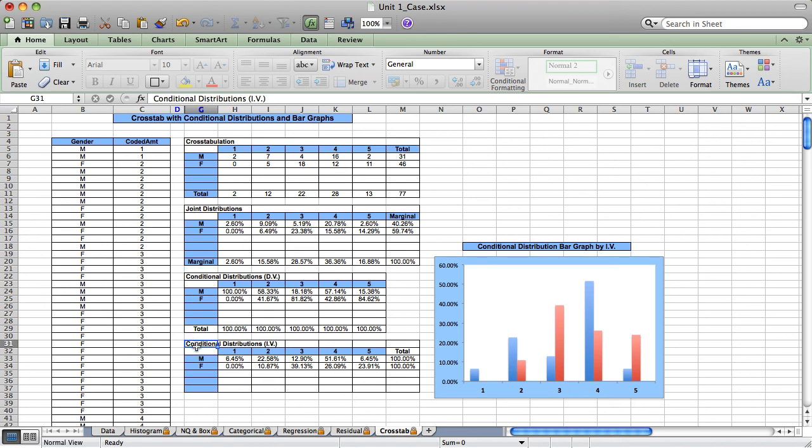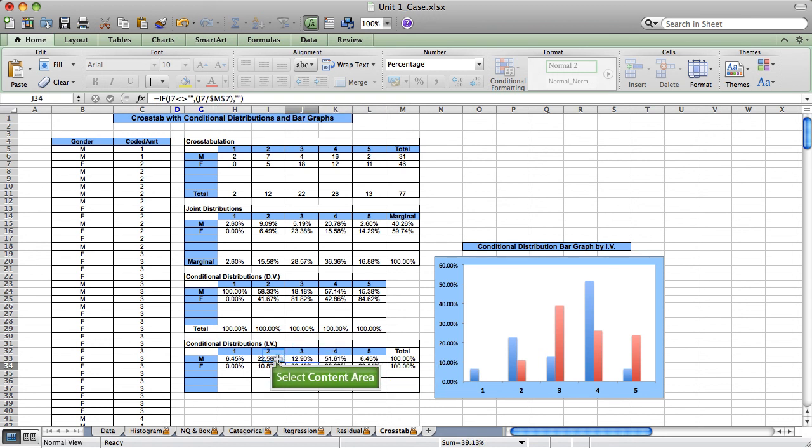Here we see if a cardholder is a man, we see the percent distribution of spending category. If a cardholder is a woman, we see the same conditional distribution of spending category. The difference between the men and the women is the effect of gender on spending.